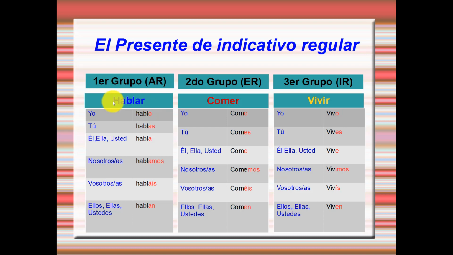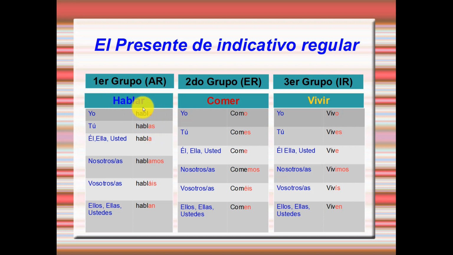What you need to do to conjugate the verb is remove the ending of the verb, for example, AR, because this is the AR group. Then the main part of the verb, HABL, is going to be the same for all the personal pronouns. The only thing you need to change is the ending.